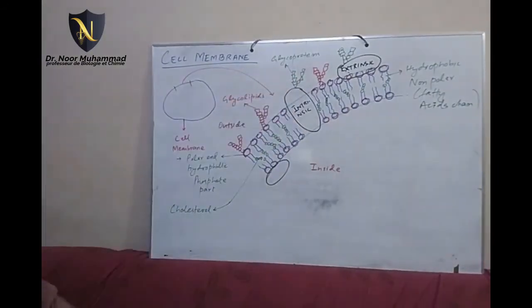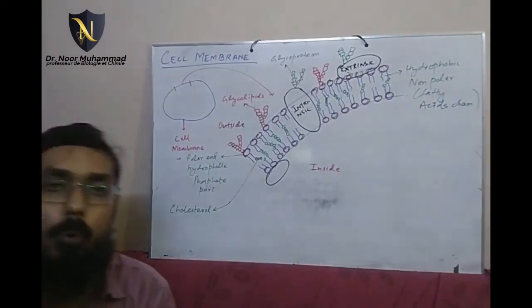Glycolipids and glycoproteins. So that's the structure जो आपने अपने पास फ्लूइड मोज़ेक मॉडल के पॉइंट्स में लिखा था.